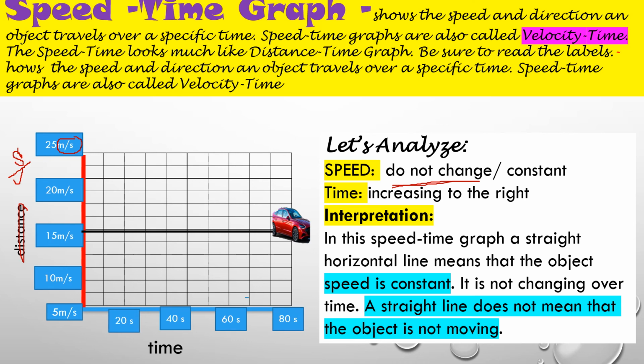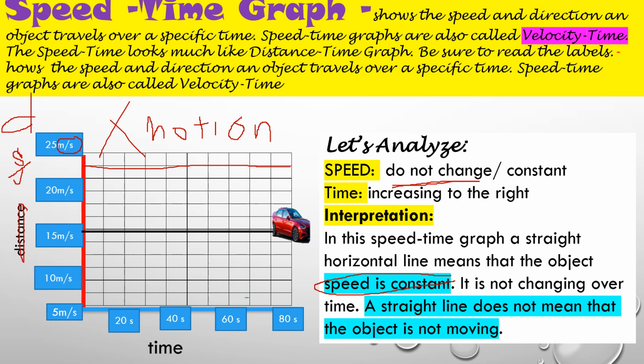So, kapag nakakita kayo ng straight sa speed or VT graph, ibig sabihin niyan, ang object travels on a constant speed. Horizontal line, iba sa distance graph, di ba? Sa distance, kapag horizontal line, ibig sabihin, there is no motion. Tama? Hindi gumagalaw. Pero sa velocity and speed, kapag horizontal line, ibig sabihin nun that the speed is constant.